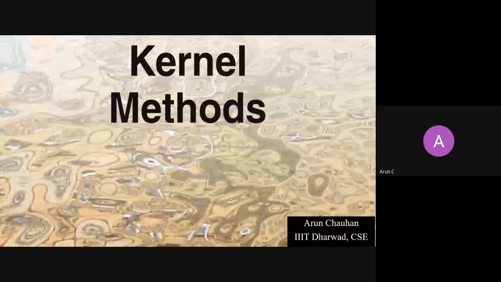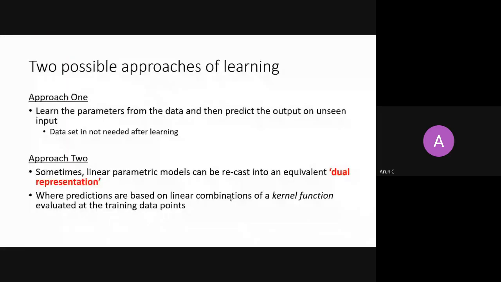Okay, so the two possible approaches for learning. Approach one: learn the parameters from the data and then predict the output on unseen input, right? It means you are summarizing your information in terms of parameters. For example, somebody gives you data this way and asks which model it fits.